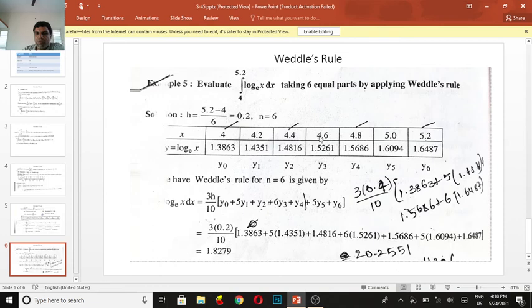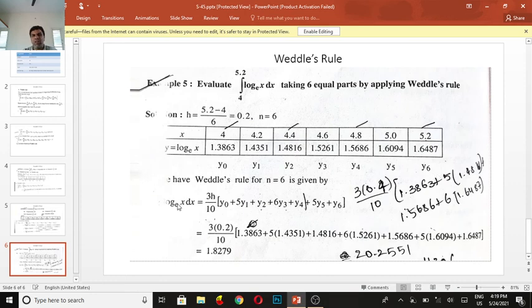If x is 4.6, it is 1.5261. If x is 4.8, it is 1.5686. If x is 5, it is 1.6094. If x is 5.2, it is 1.6487. Therefore, we call these y0, y1, y2, y3, y4, y5, y6.